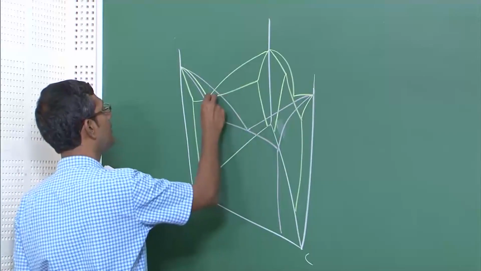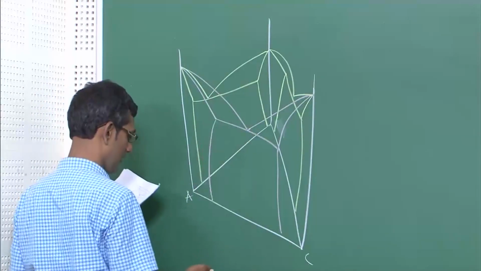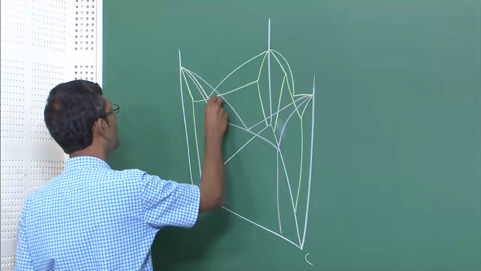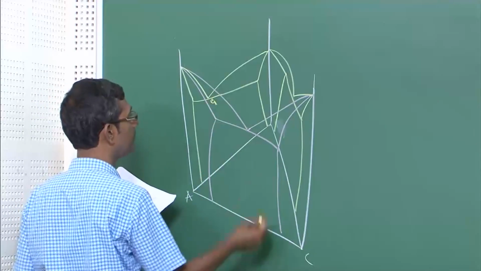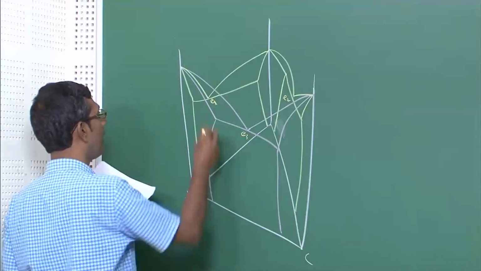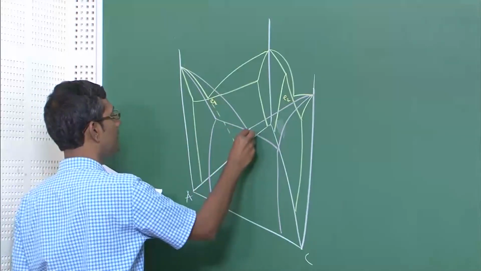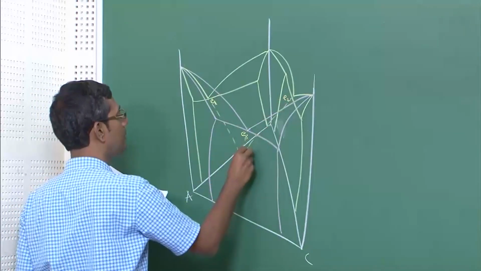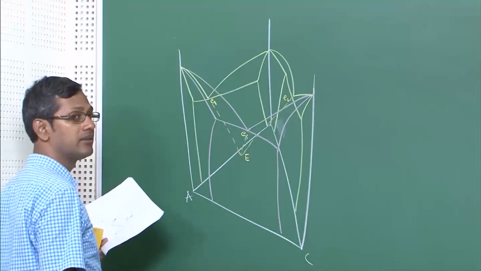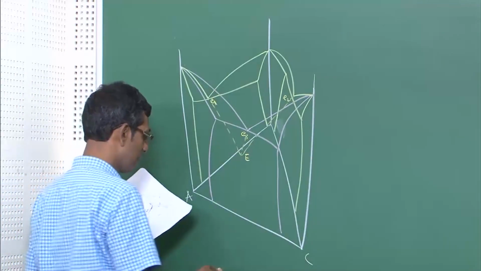So, these are the 3 eutectic points. Let us say this is E1 between A and B, between B and C E2, and this is A and C E3, and if I connect these 3, I get into ternary eutectic point E, right. So, it will sit on a triangle. So, let us do that.